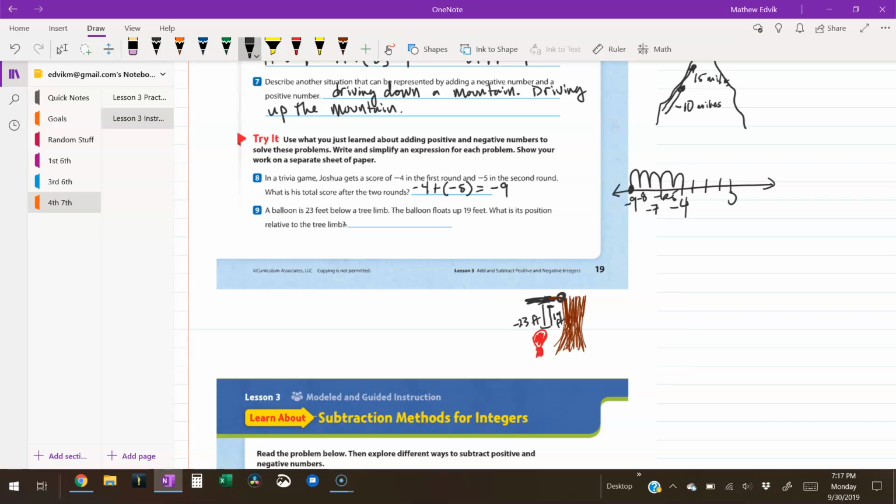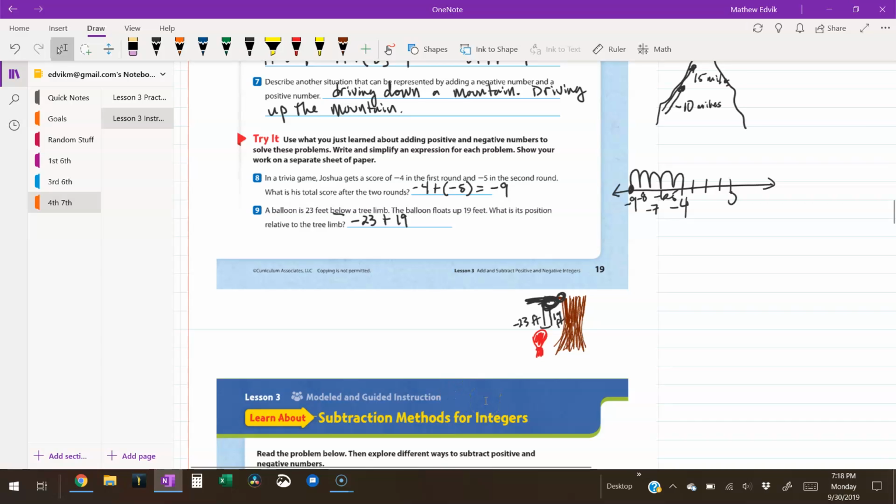So the expression that we have would be, it starts 23 feet below, so that's negative, just like we've got over here, negative 23. So we're going to put that, negative 23. And then it floats up 19 feet, so we're going to add 19 to negative 23. And so the question is, what is this little space right there that's still there?